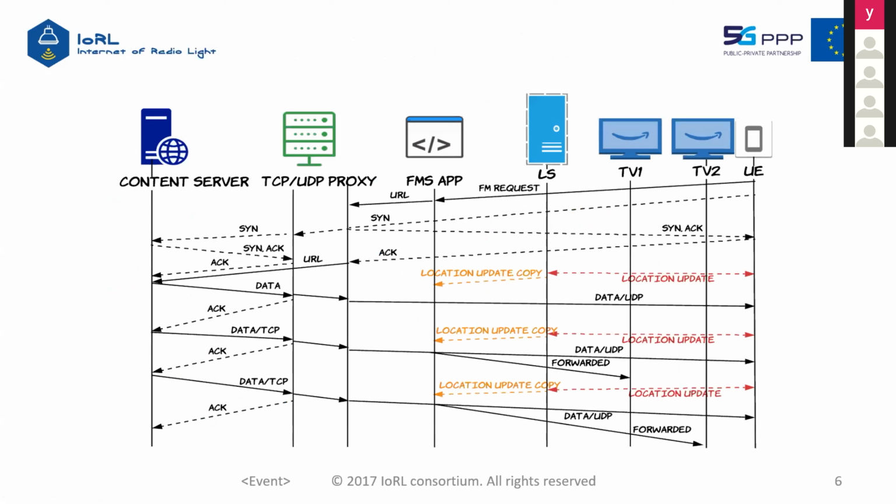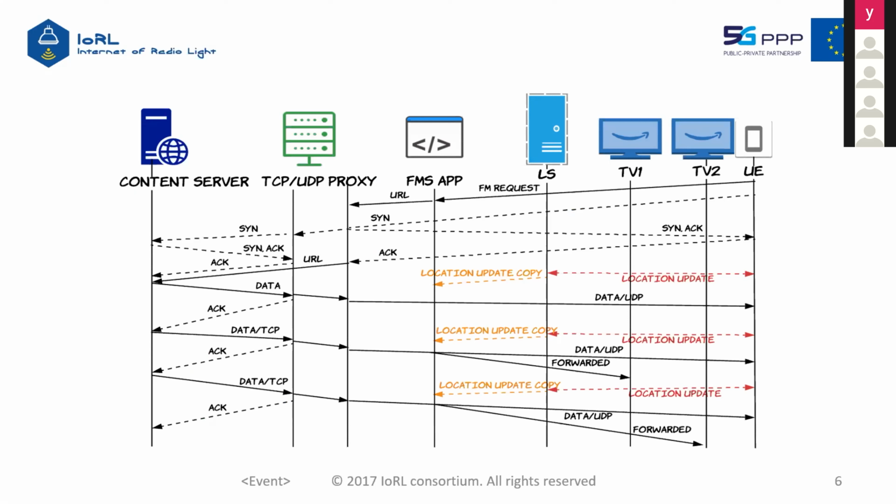As you can see here, layer 2 of the Internet of Radio Light is capable of forwarding Ethernet frames to the TV based on tags provided, and will also include the RRLH destination information inside. The connection is established for the Follow Me service and downstreaming of the video. It's all based on the location updates of the user equipment that's already been cached earlier in the system.